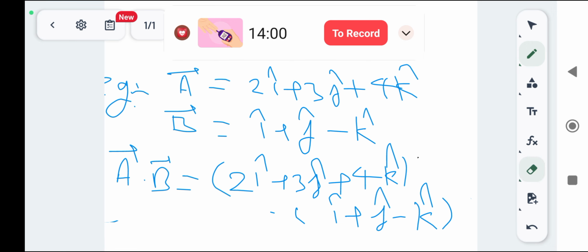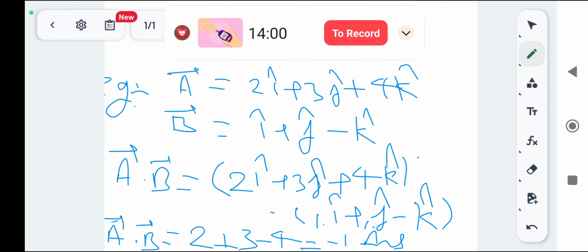Then 2 times 1 is 2, 3 times 1 is 3, so 2 plus 3 minus 4, and that is equal to minus 1. So minus 1 is a dot b. This is the answer. The minus 1 is a scalar quantity.